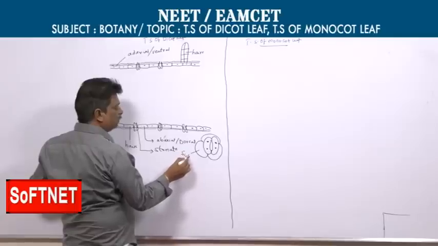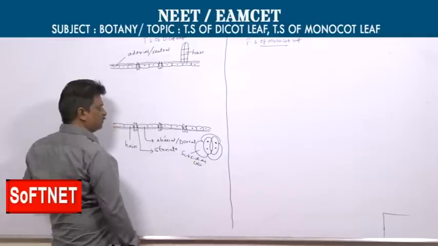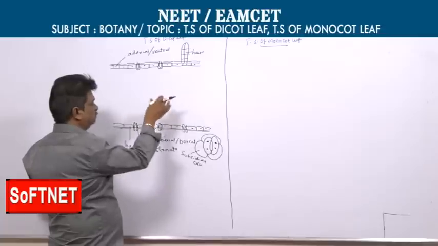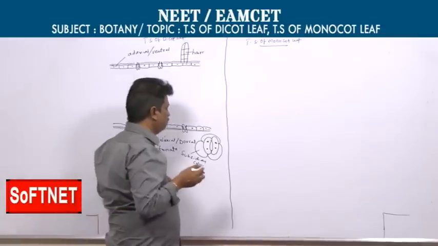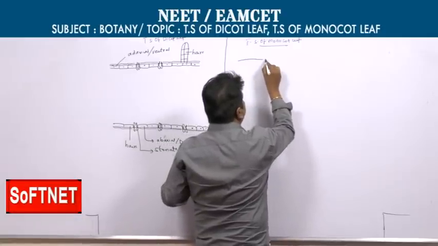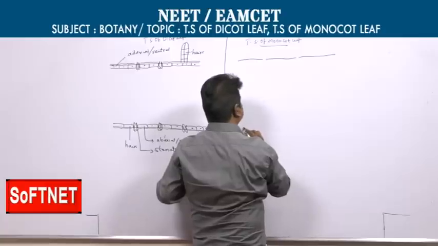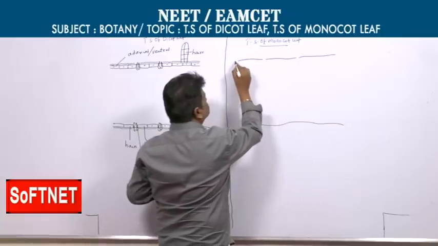Then those guard cells are surrounded by non-green epidermal cells called subsidiary cells. This is the epidermis of dicot leaf. Then, the epidermis of monocot leaf.